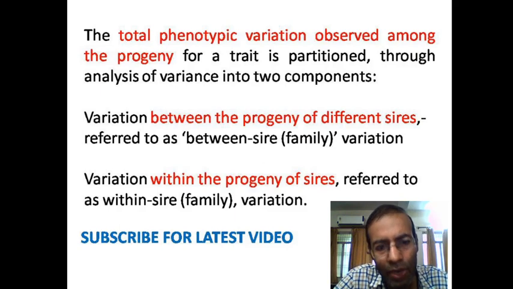Now the second variation is variation within the progeny of sires. Here, from a single sire, several progeny are coming.